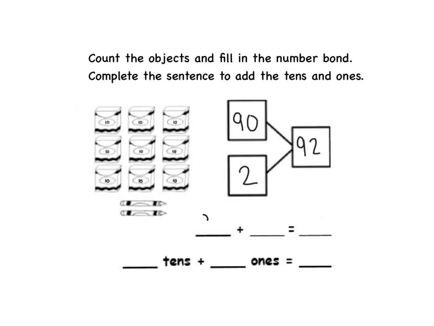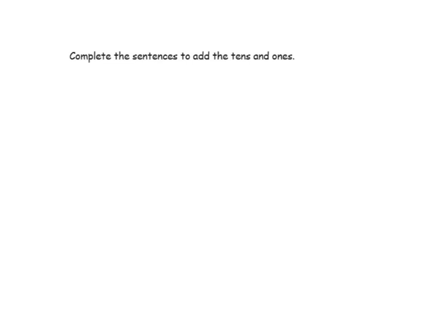So we can write this as 90 plus 2, which is going to equal 92 total. We can also write this as 9 tens and 2 ones, which again is 92.